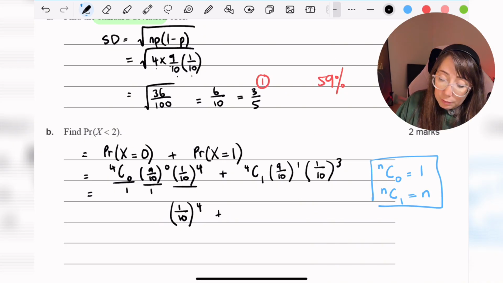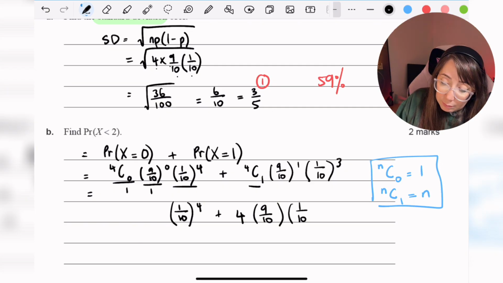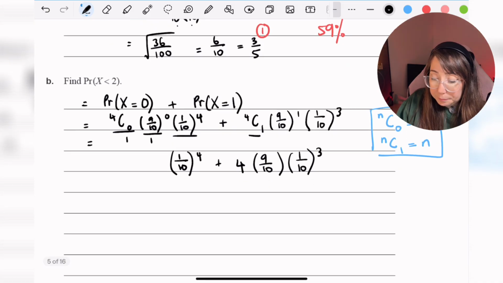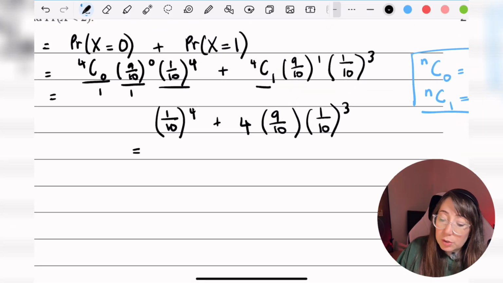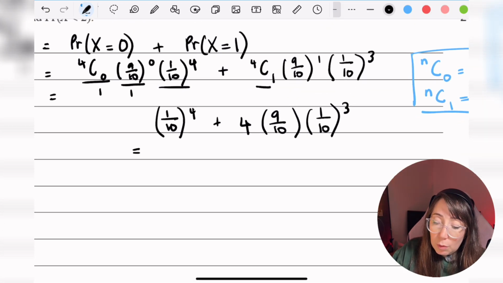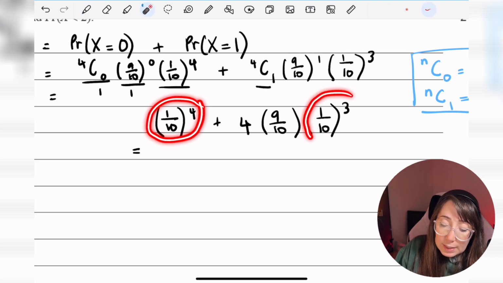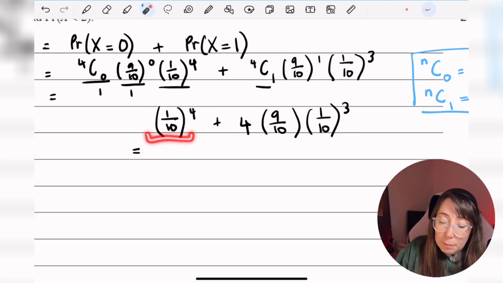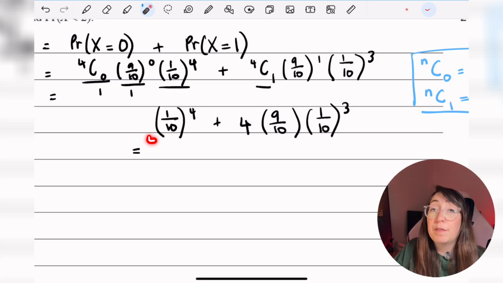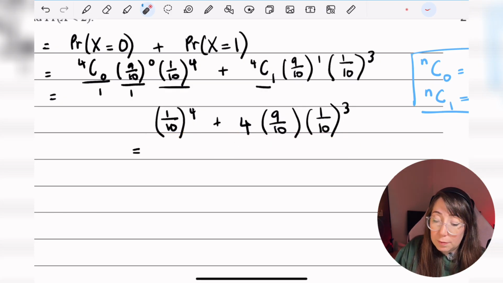1 on 10 to the power of 4 plus, and then 4 choose 1, as we said, n choose 1 is always n, so that's going to be 4 times 9 on 10 times 1 on 10 to the power of 3. Again, multiple ways of being able to work this out. What I like to do is try to reduce the large numbers. So over here I can see that there is a common factor between these 2 terms over here.